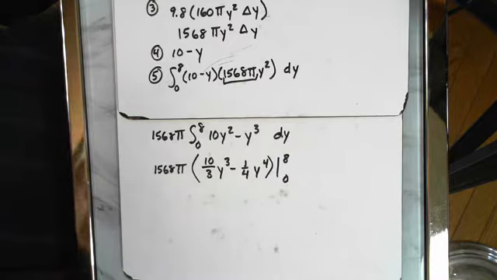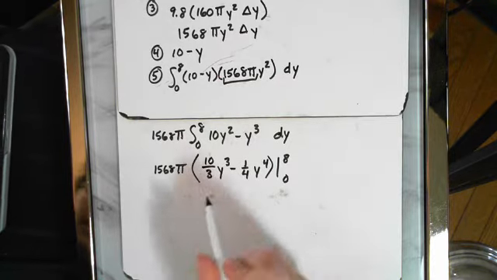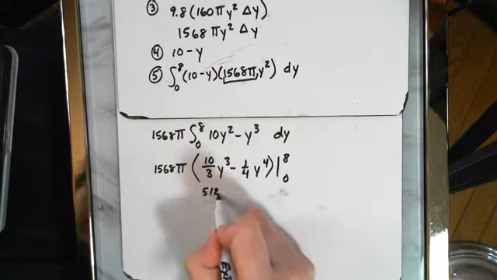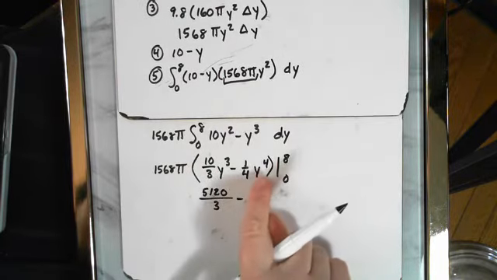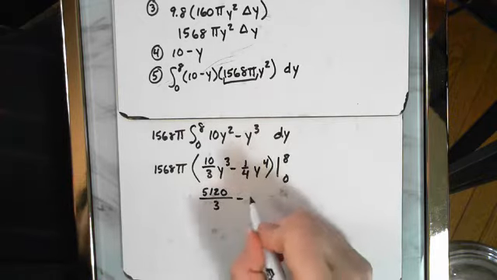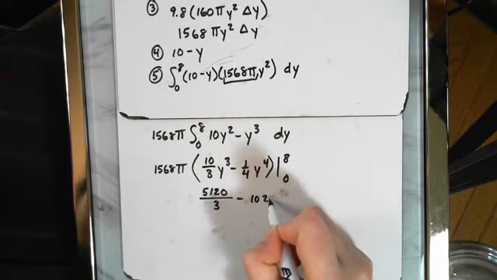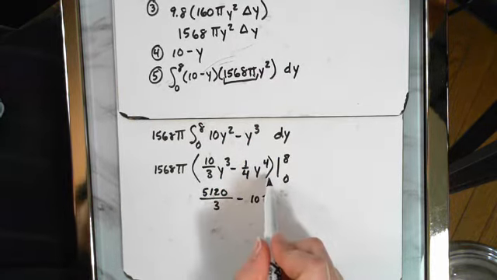Now, with my calculator, I know that 8 to the 3rd power is 512 times 10 is 5120 over 3, minus 8 to the 4th divided by 4, which comes out to be 1024. And if I put in 0, I'm going to get 0.